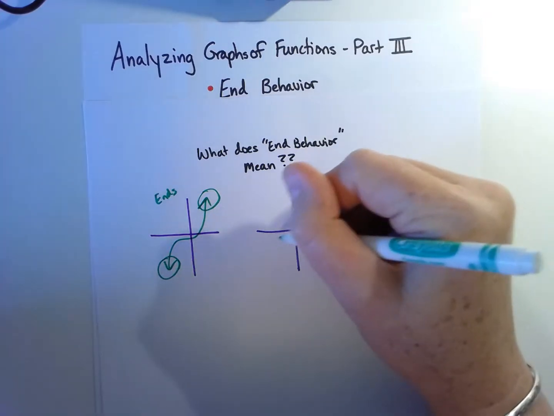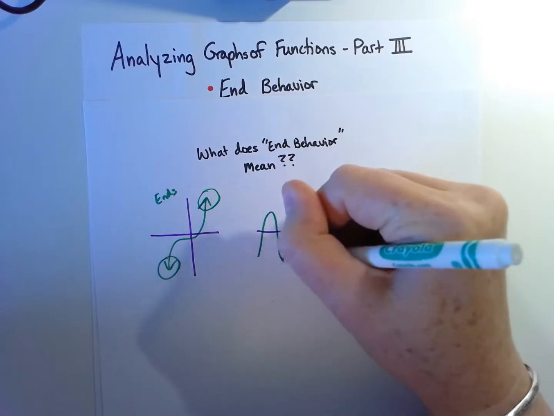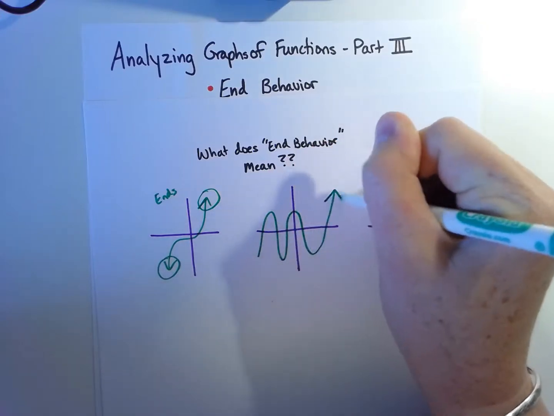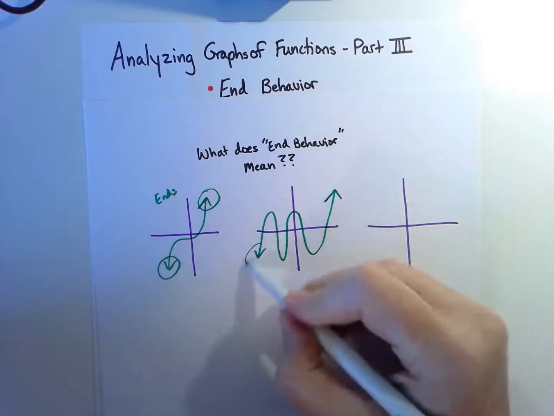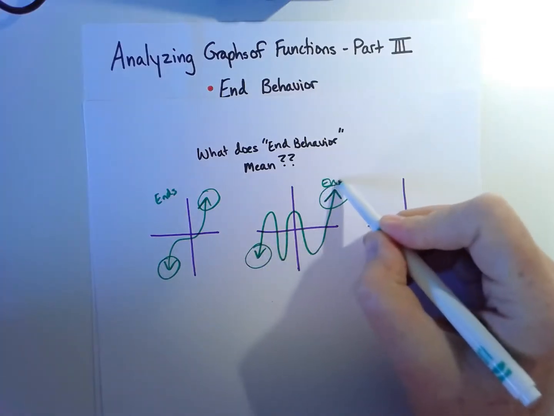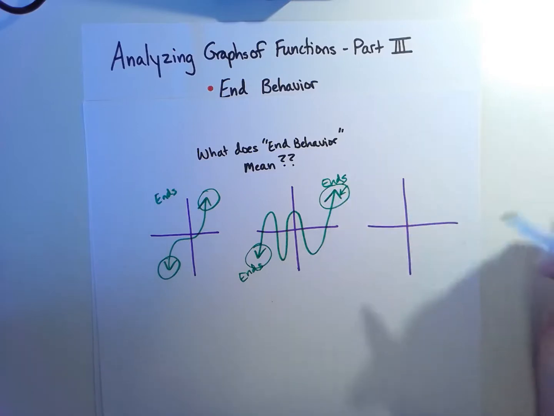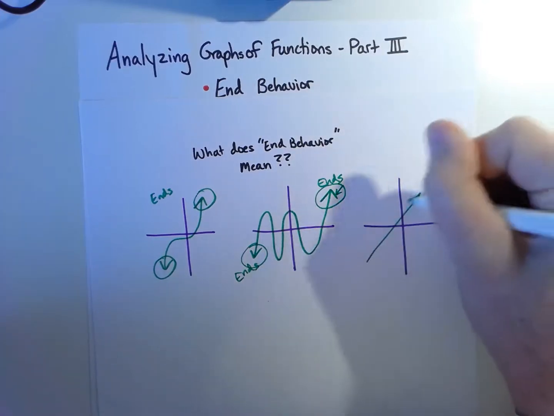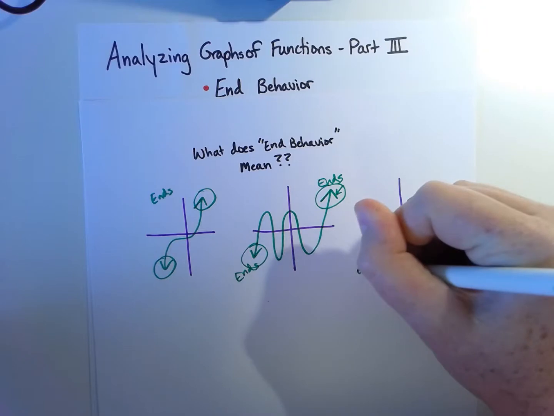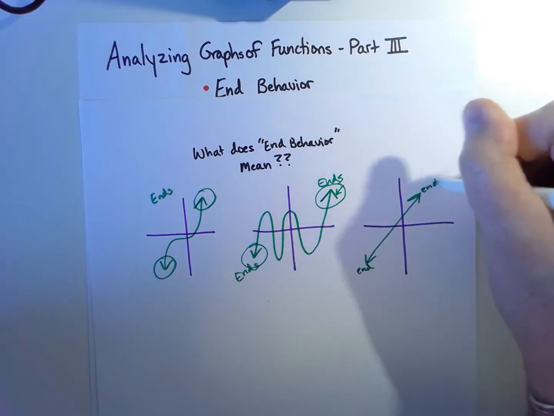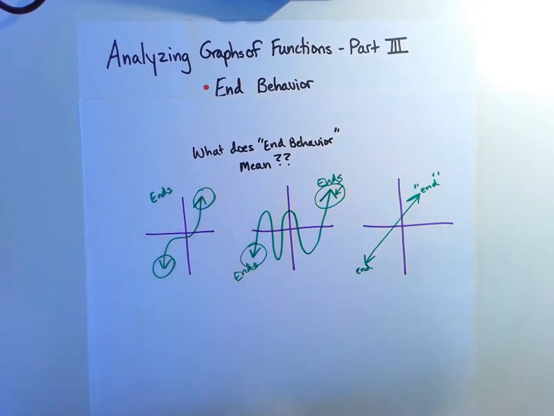Even if we have a graph that goes all over the place, we're still talking about the ends of our graph. These are the ends, the little arrows right there. Even a basic line has one end and another end.